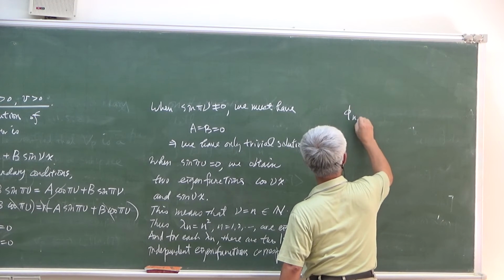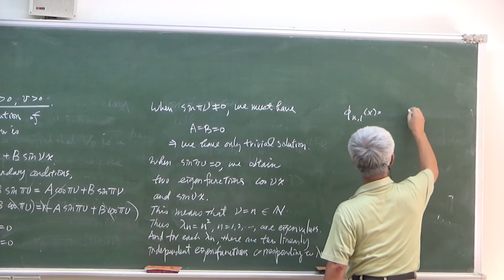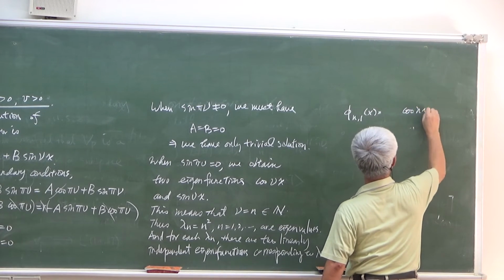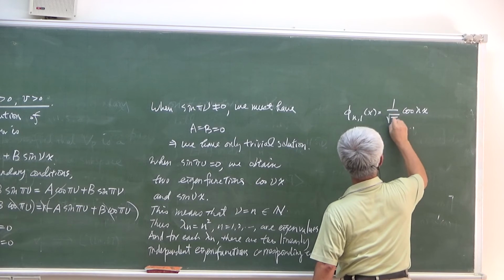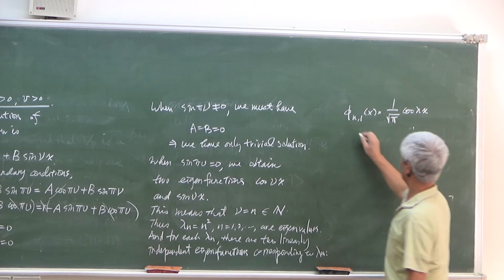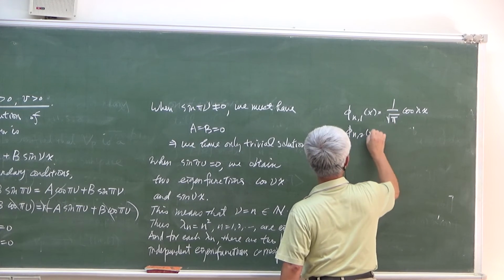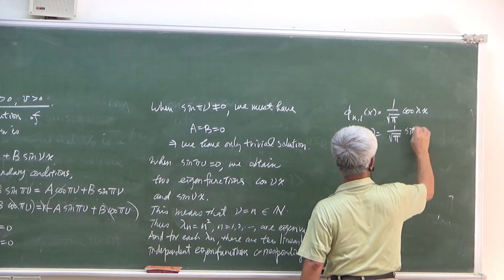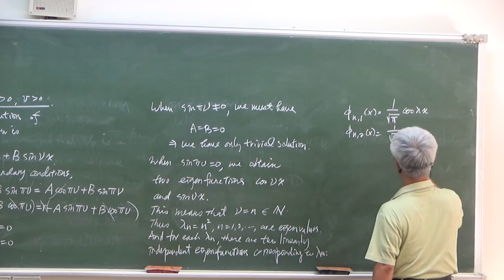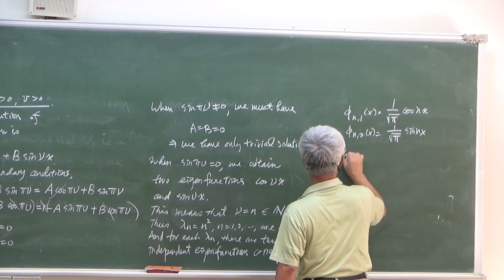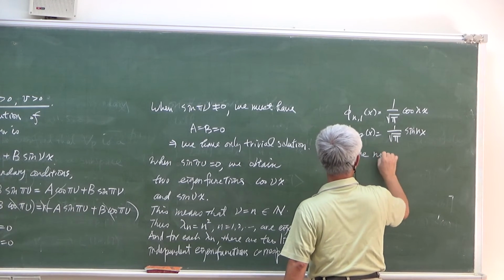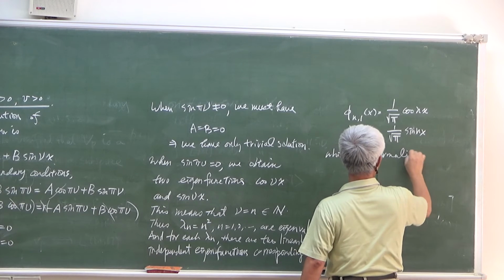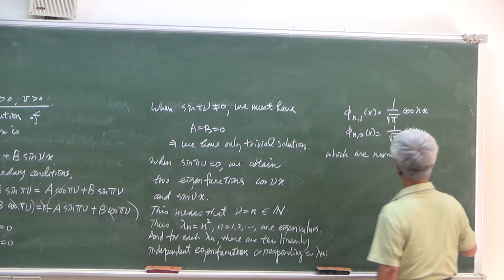So we set φ_n(x) to be 1 over square root of π cosine nx, and ψ_n(x) to be 1 over square root of π sine nx, which are normalized.